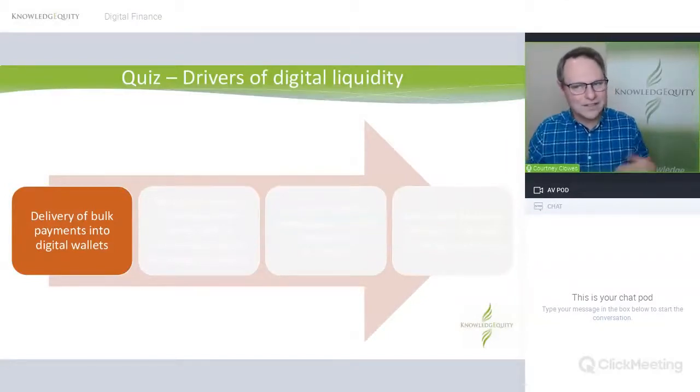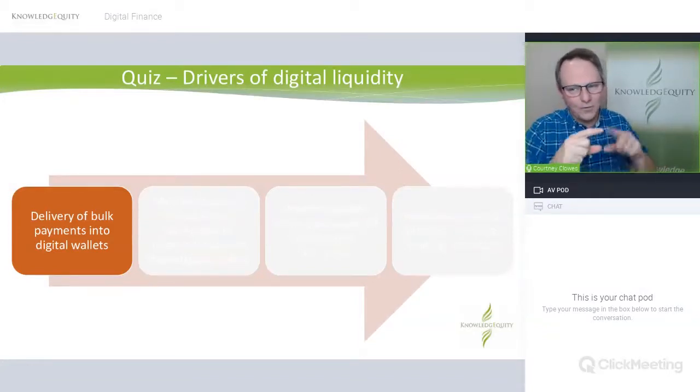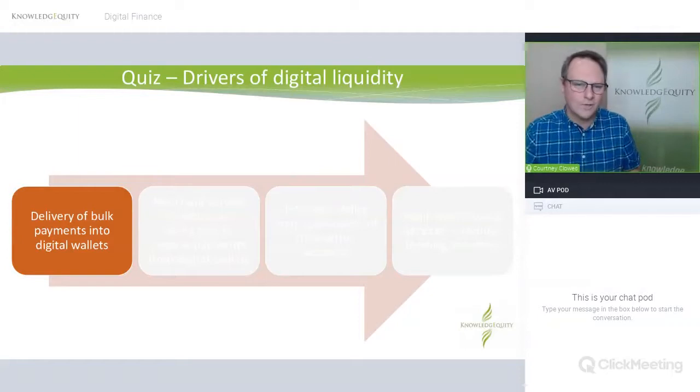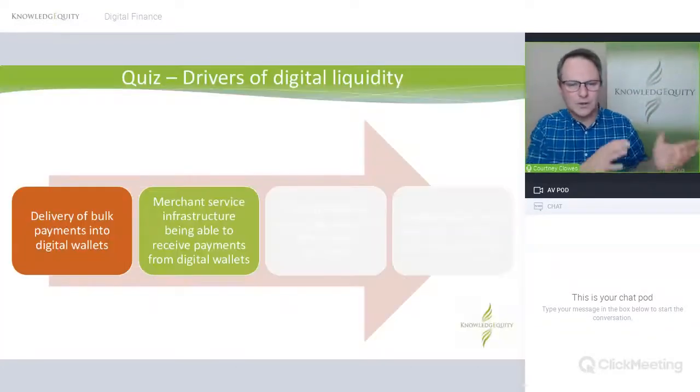Now, this is the importance of financial inclusion. What if you don't have a bank account? Well, in the old days, you used to literally get an envelope filled with cash. Of course, that's tricky, time-consuming, risky. It could be stolen. And so it's great to do electronic transfers, but how do we get them into digital wallets? That will start the digital process, because without the money in your wallet, you've got nothing to spend.